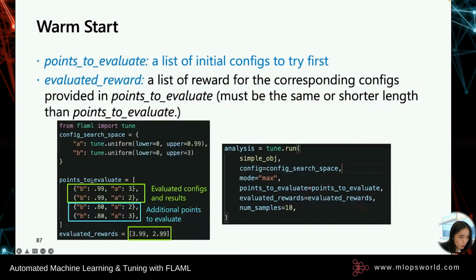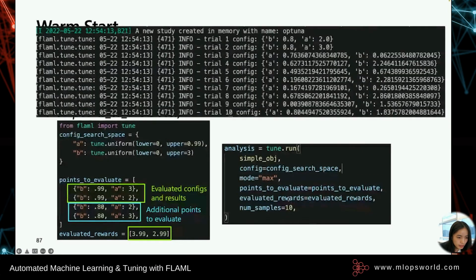And after setting these points_to_evaluate and evaluated_rewards in this way, I can just provide them to my tuning process in this way. And this screenshot is a log of this tuning process. And from the log, we can see that the additional points to evaluate are indeed evaluated first.